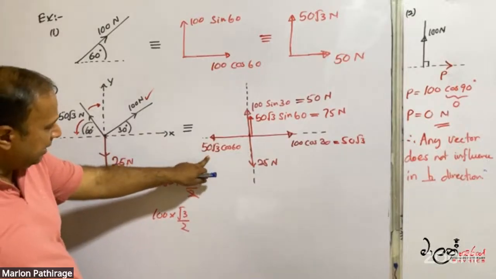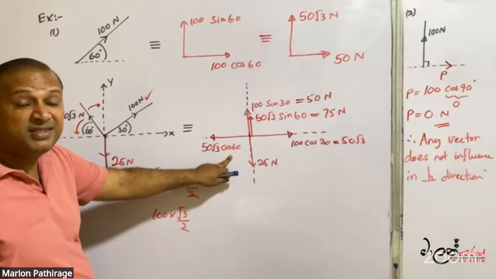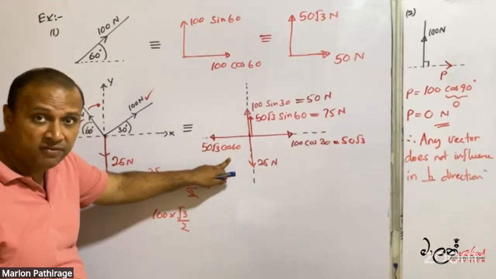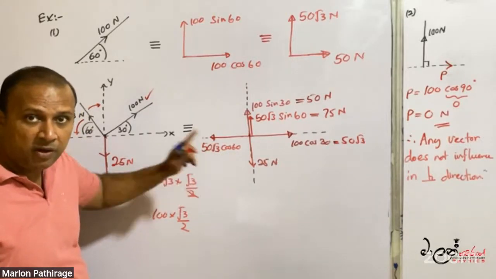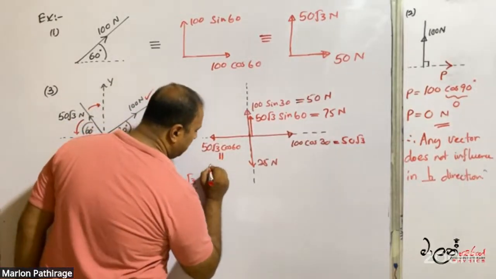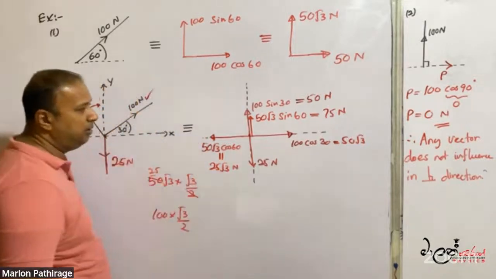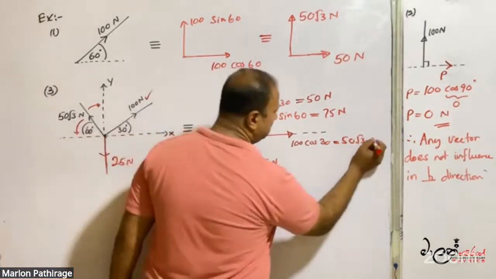Then here 50 root 3 into cos 60. Cos 60 means half, so you have to divide it by 2. That means this one is equal to 25 root 3 Newton.